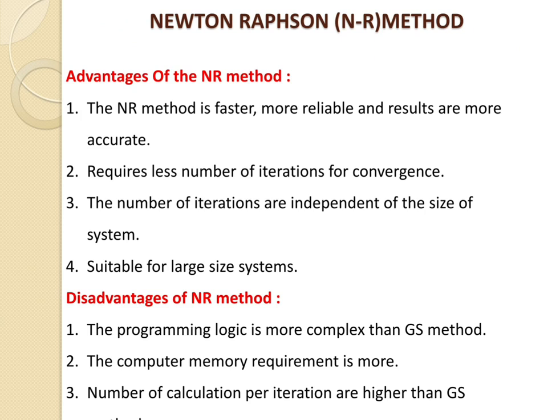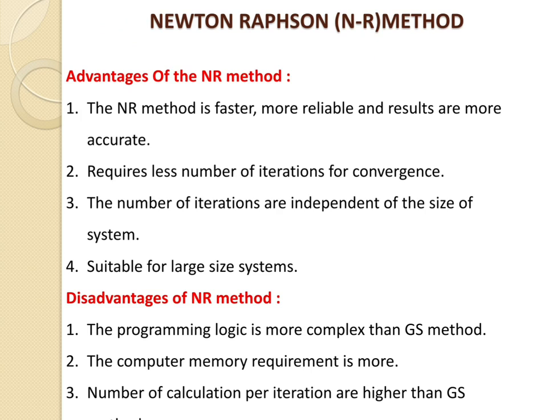If we compare the NR method with the GS method, the Gauss Seidel method, the Newton-Raphson method requires fewer iterations, whereas the GS method requires more iterations, but the time required per iteration is less in the Gauss Seidel method, whereas the time required per iteration is high in the NR method.